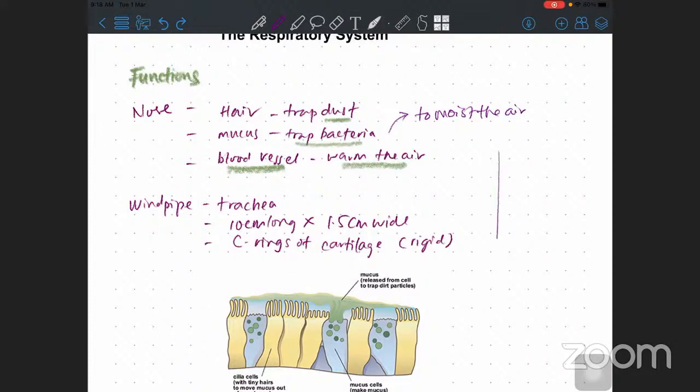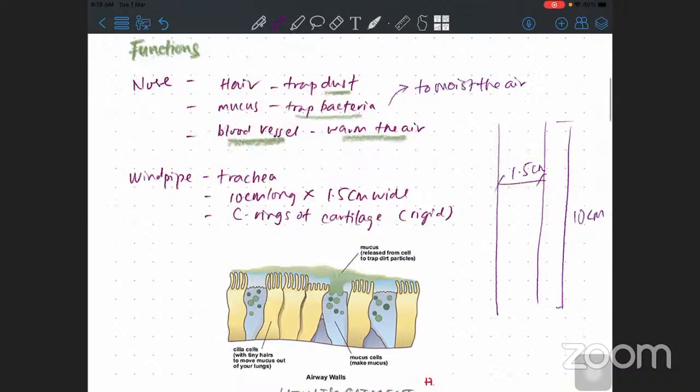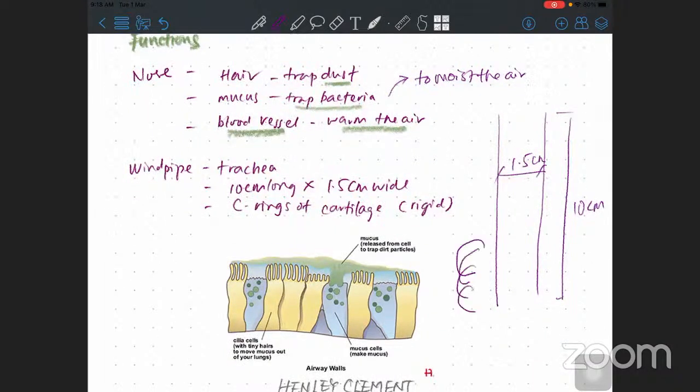This is 10 cm, and then this is the 10 cm. So it looks like this. Everyone, it is a rigid one.